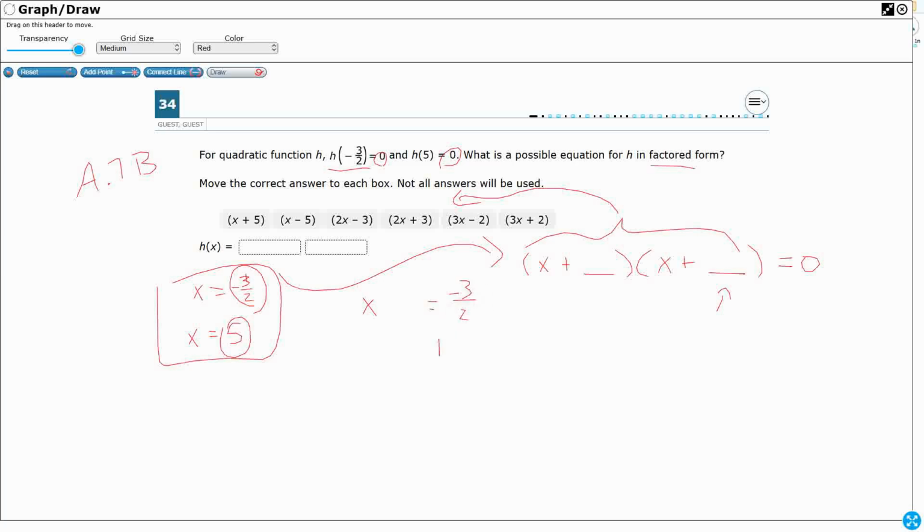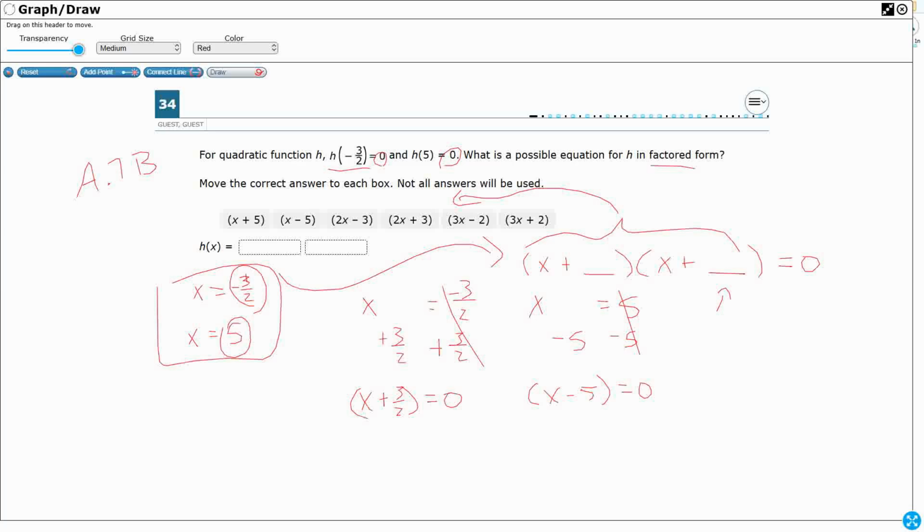Well, I need to add 3 halves to both sides. When I do that, I get x plus 3 halves equals 0. Okay? Same with the 5. x equals 5. I need to subtract 5 from both sides. So now I get x minus 5 equals 0.